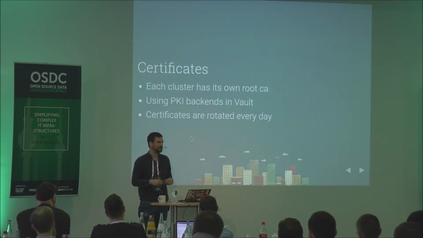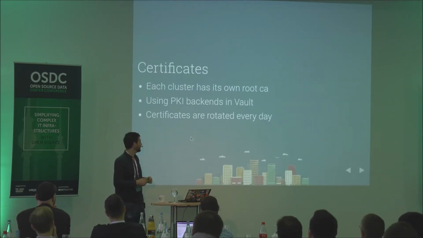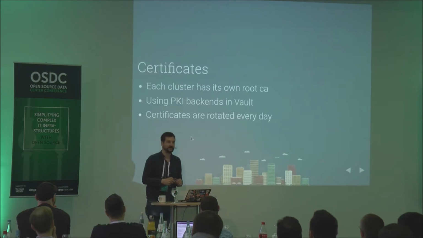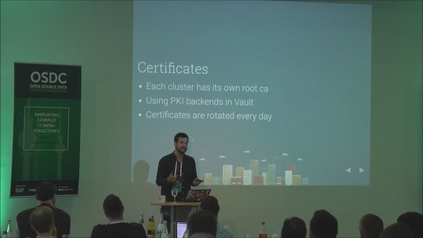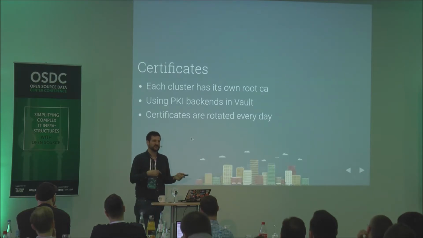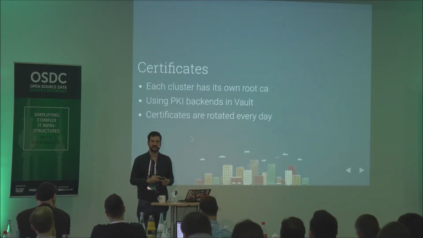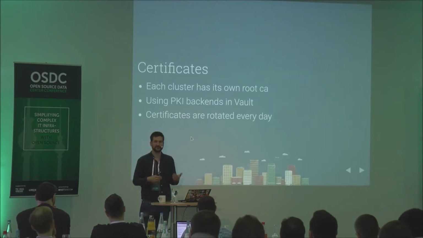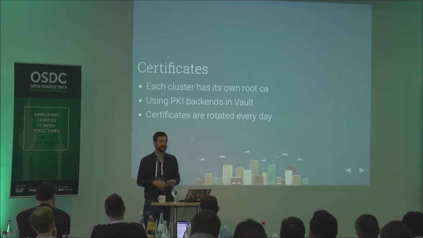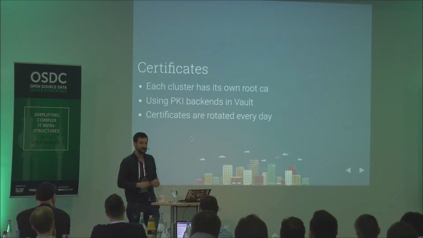We did this for a while with a couple of minutes, and we found a lot of bugs. So it was a nice resilience test, but one day works very well. And actually, Kubernetes doesn't check revocation lists, so rotating shortly makes sense, because you cannot revoke a certificate, and the Kubernetes components wouldn't check the revocation list for performance reasons.